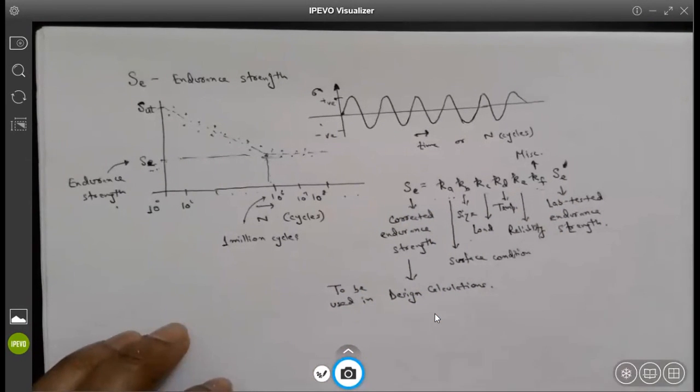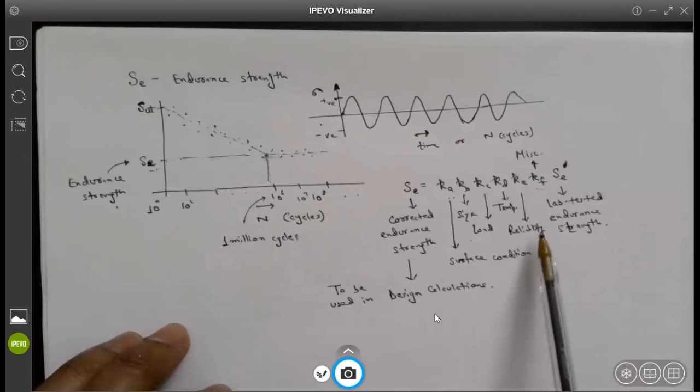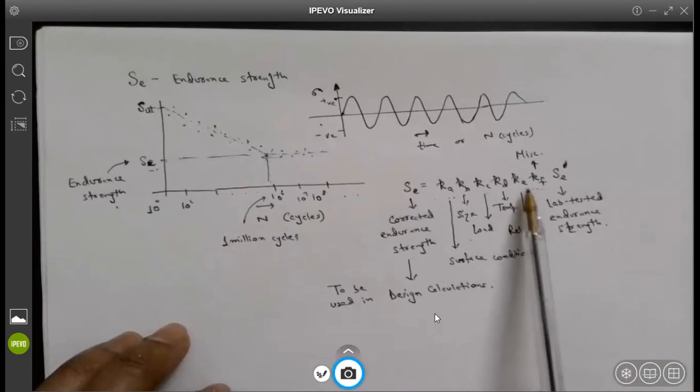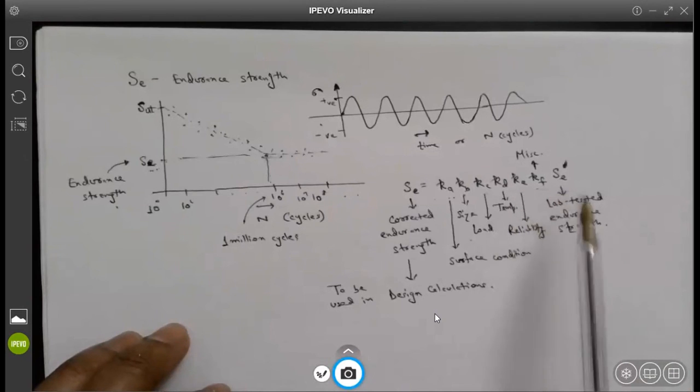Reliability factor basically means how much reliability you are asking a component to operate on. So if you want 50% reliability, that means you are expecting 50% of the components will fail in service before the desired life is reached. So depending on how much reliability you expect from a specific component, that has a specific correction factor for your endurance strength.